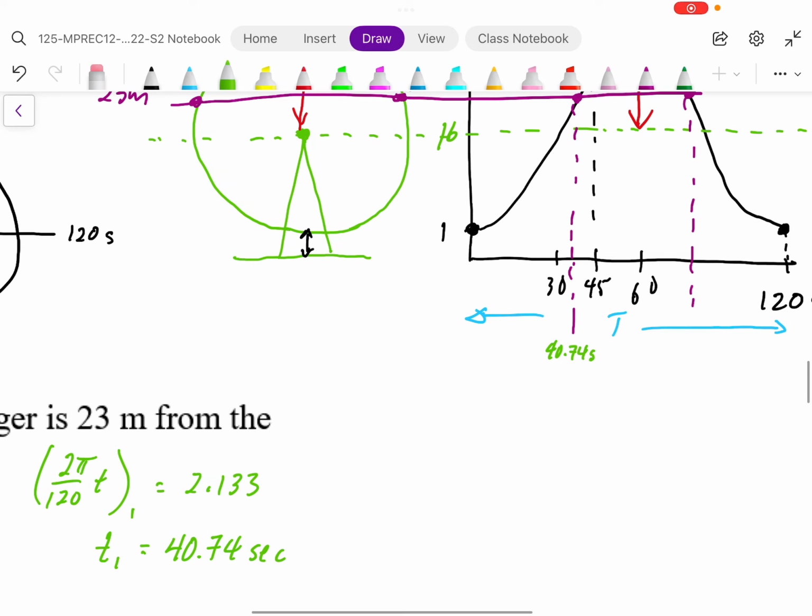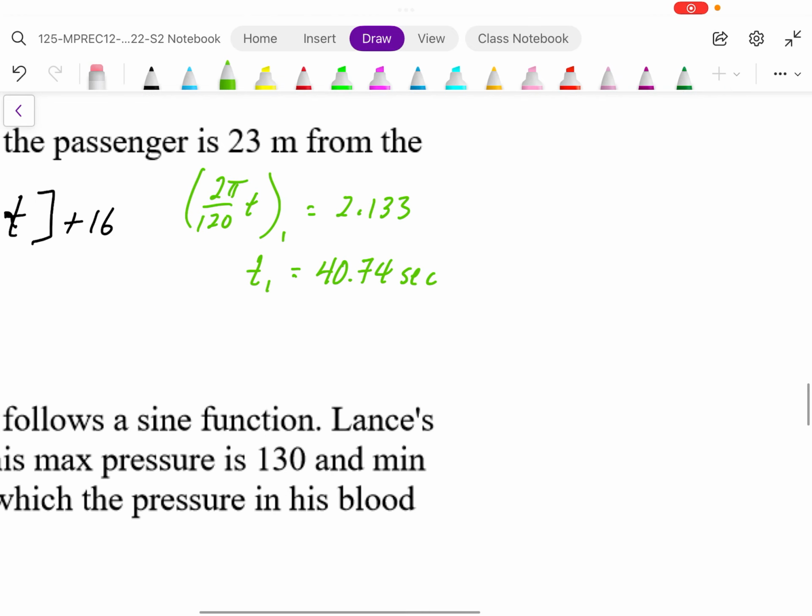40.74 seconds. I also have to solve for theta 2. So I get 2 pi over 120t, and this is going to be theta 2. And that's going to be 2 pi minus theta 1, or 2.133, and that gives me a value of about 4.15 radians.